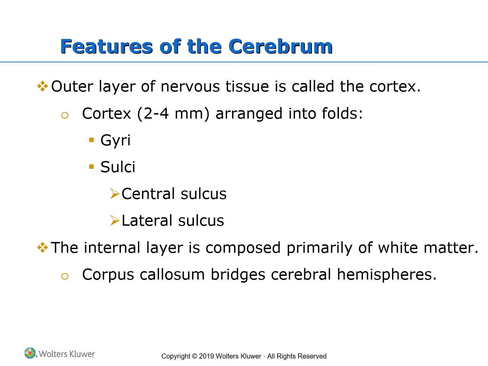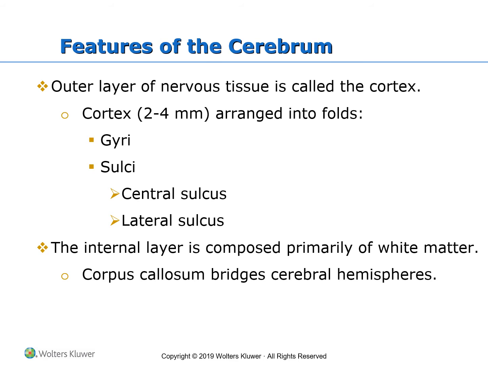When we are looking at the cortex, you will see that the human cortex, and that of most mammals, is arranged into folds, and those are called gyri, or gyrus for the singular. Those raised areas are separated by shallow grooves called sulci, or sulcus for one.